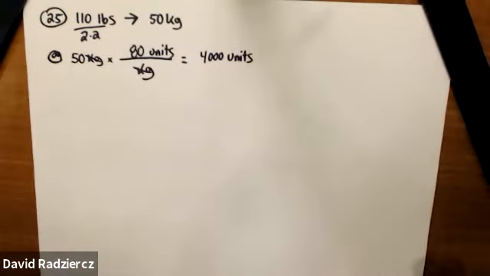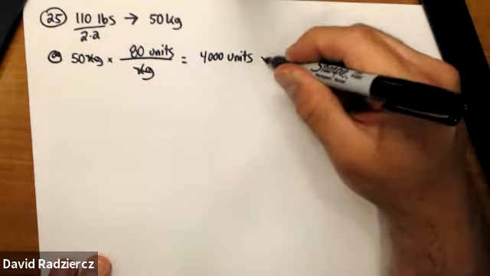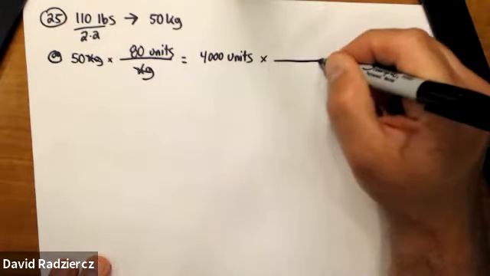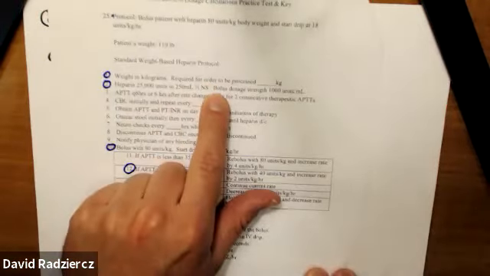If the question had said how many units to administer, then we would just say 4,000 units. But the question says how many milliliters to administer for the bolus. To convert units to milliliters, you need to know what the bolus dosage strength is.